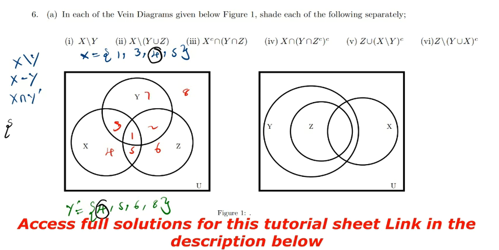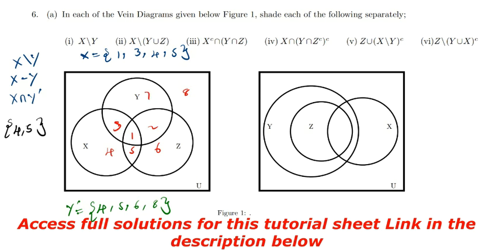We also have 5, which is also in Y complement as well as in X. That's all. We just have 4 and 5, which are common in these two sets. So X intersection Y complement, the result is 4 and 5.